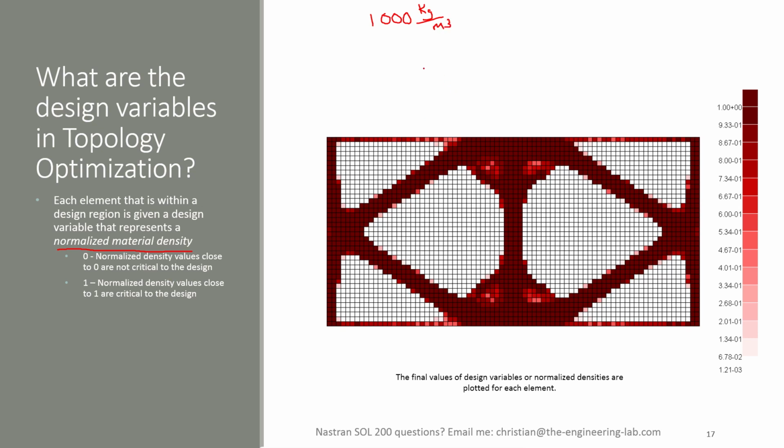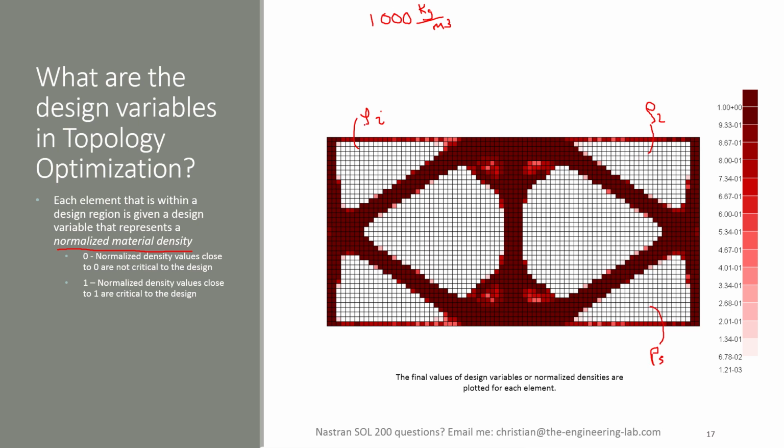What happens in topology optimization is this one density that was shared for all the elements is broken apart. So now this element has its own density, density 1. Here, this density could be density 2. This density for this element could be density 3.